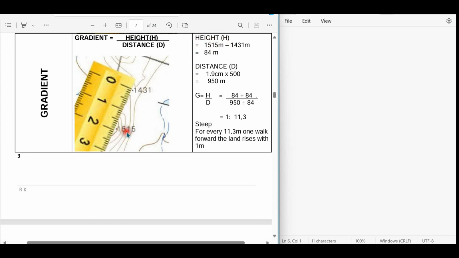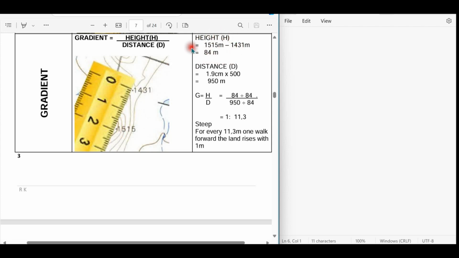Spot height 1431 is being subtracted from spot height 1515. So assuming that these two spot heights might be two mountains or two steep slopes that are just standing next to each other, we have determined that they differ from each other by 84 meters of height above sea level. Now, how does this help us?